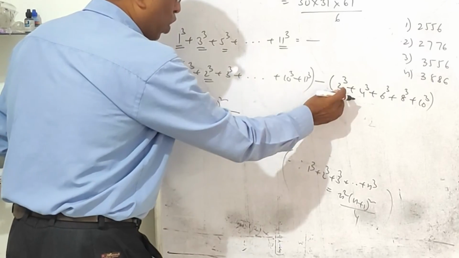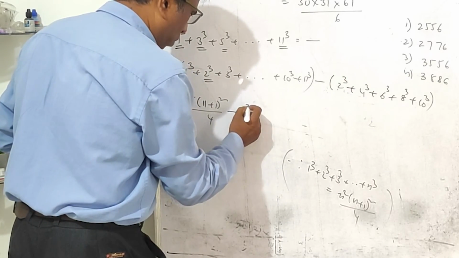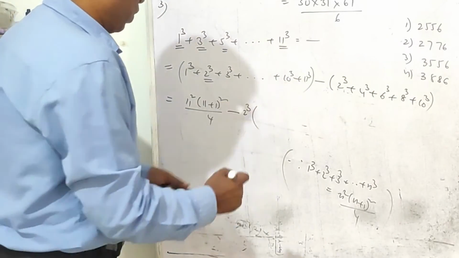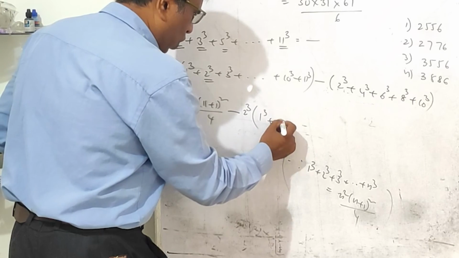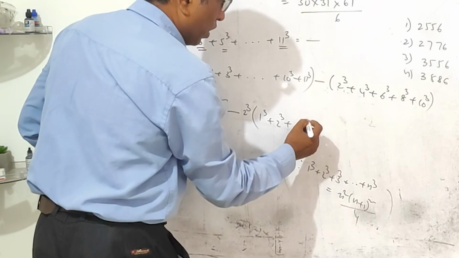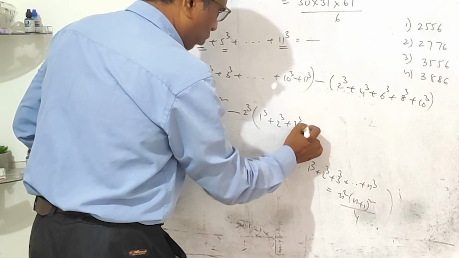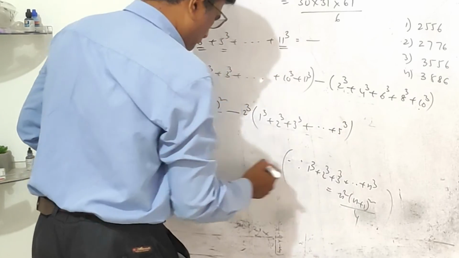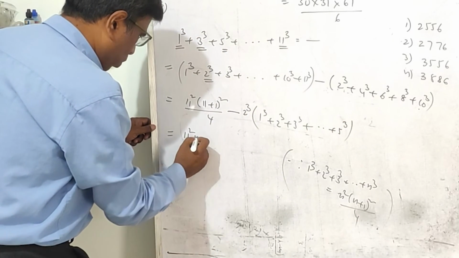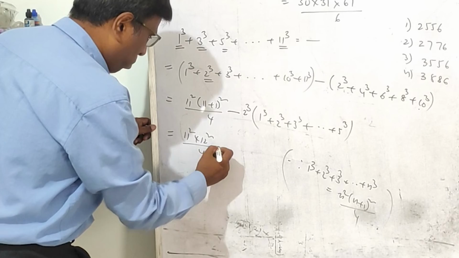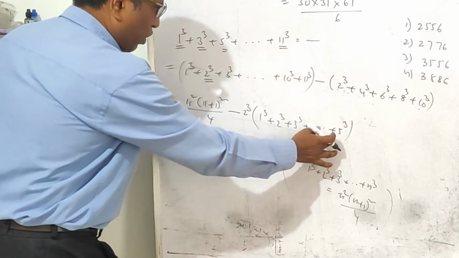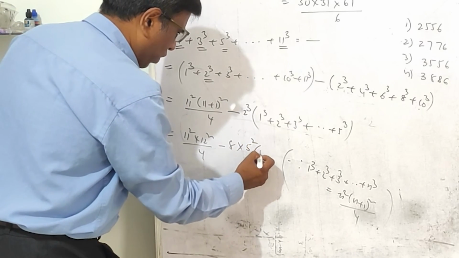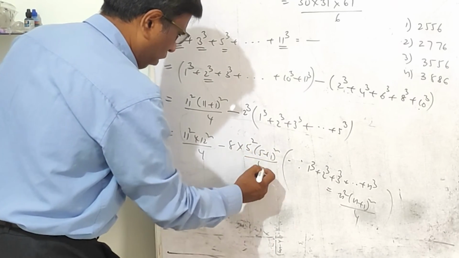From every subtracted term, take 2 cube outside. So here is 1 cube plus 2 cube, then 3 cube and so on up to 5 cube. So this is 11 square into 12 square by 4 minus 8 into 5 square into 5 plus 1 whole square by 4.